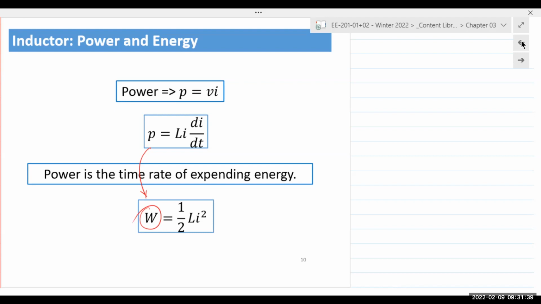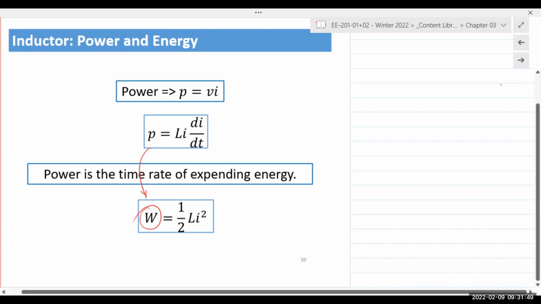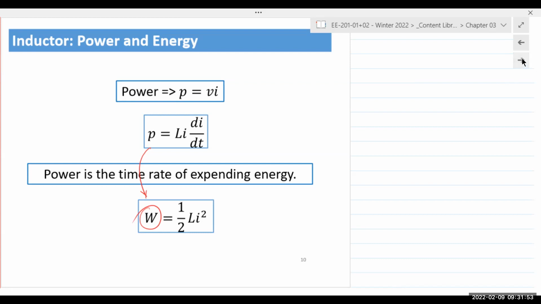And that summation of all the slices gives us the total energy either received or dispensed in that inductor. All right, sorry about the construction noise. Any questions on the inductor before we move on to capacitors?